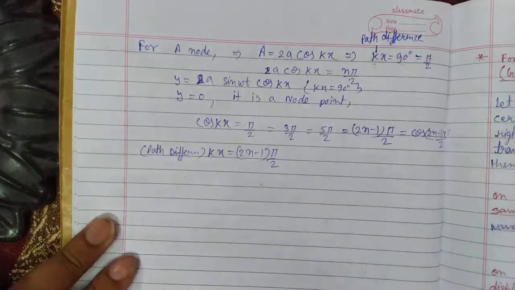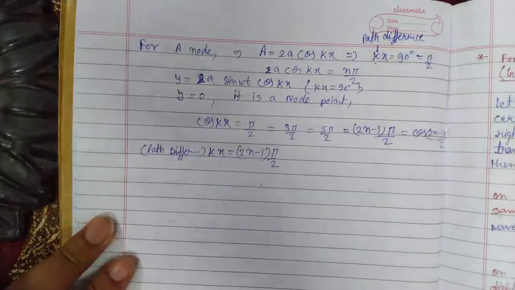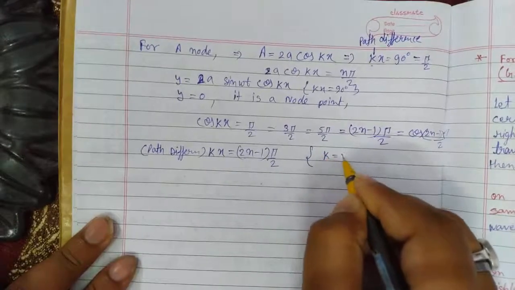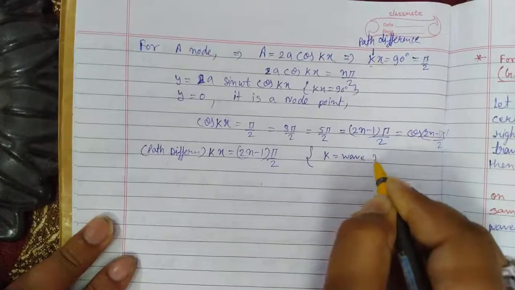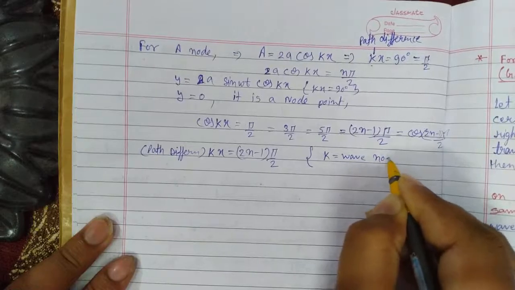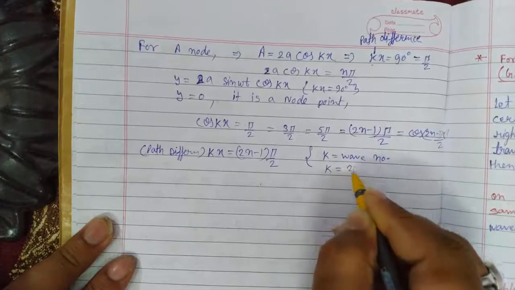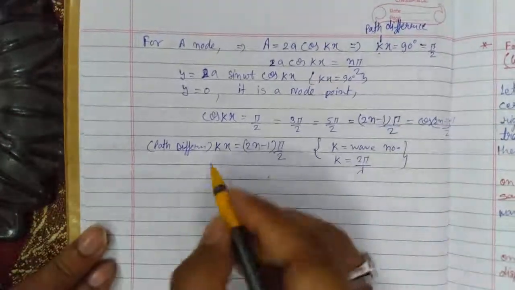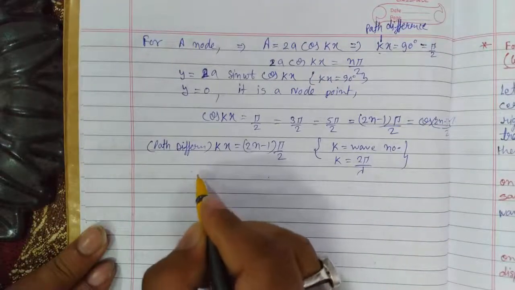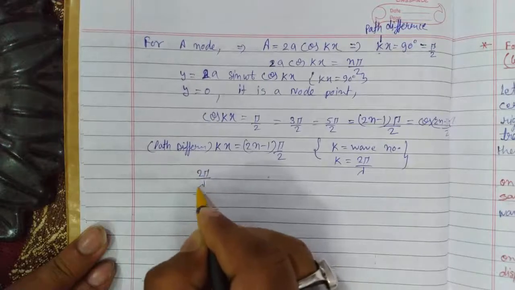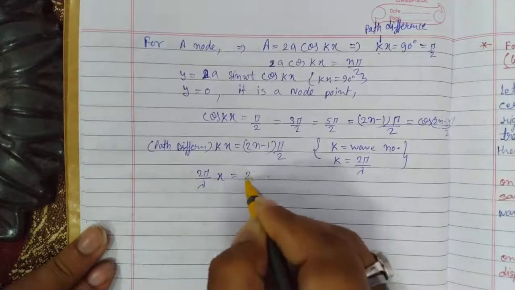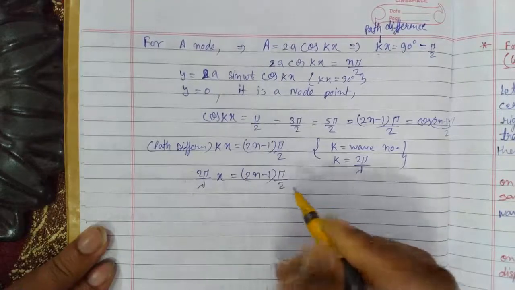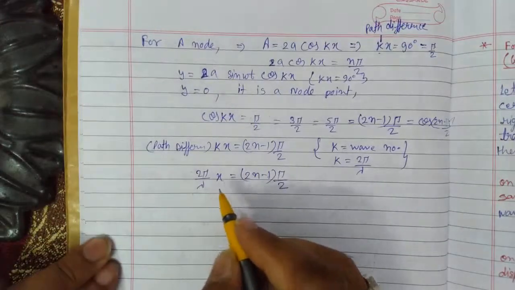Now, as you know, k is the wave number, equal to 2 pi upon lambda. So in place of k, we put 2 pi upon lambda, and x equals (2n minus 1) pi by 2. You can easily calculate lambda from here.